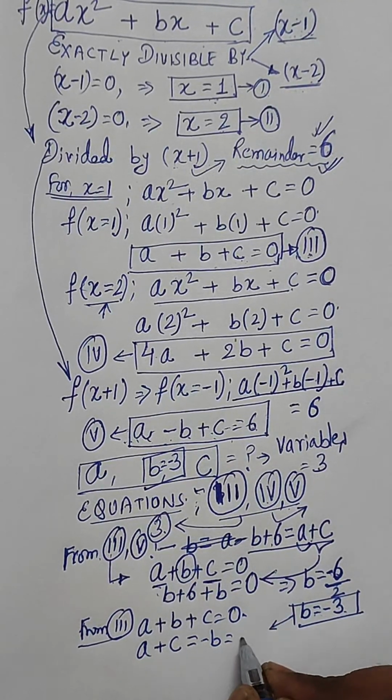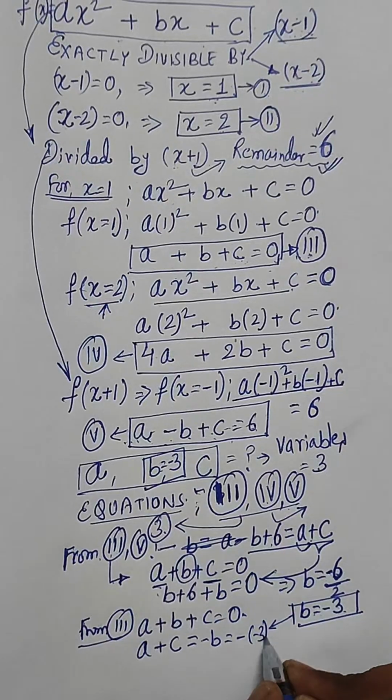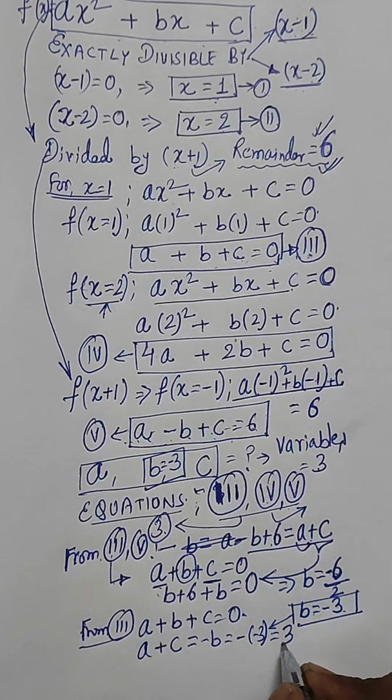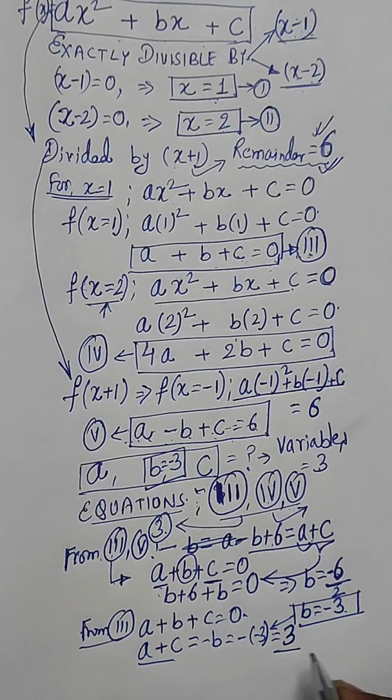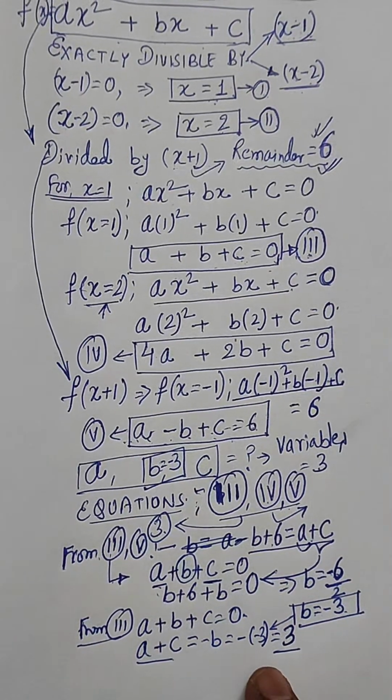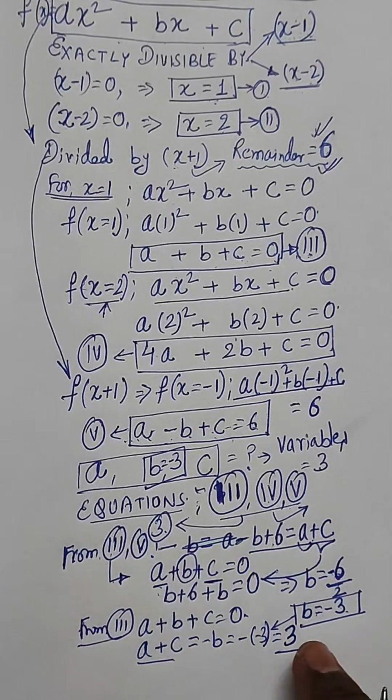Put it over here. So minus times minus 3 will give you plus 3. So a plus c is equal to 3. Right? A plus c equal to 3.